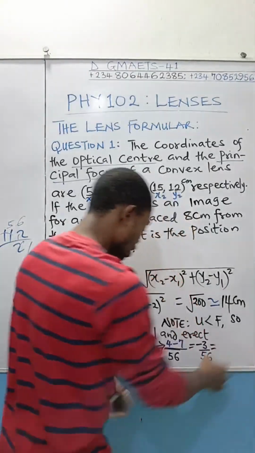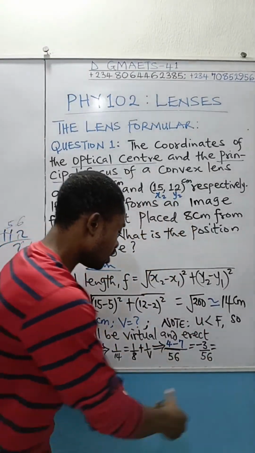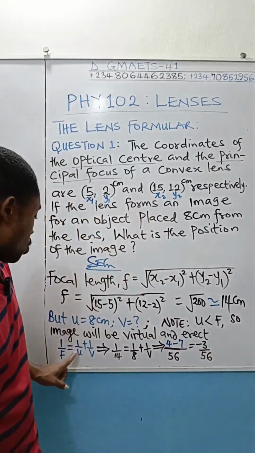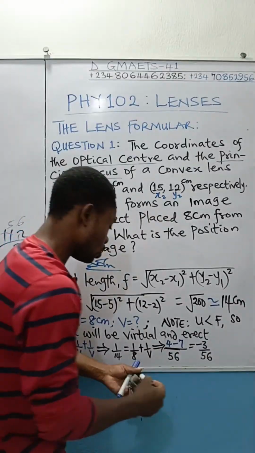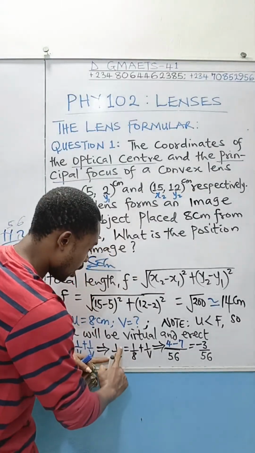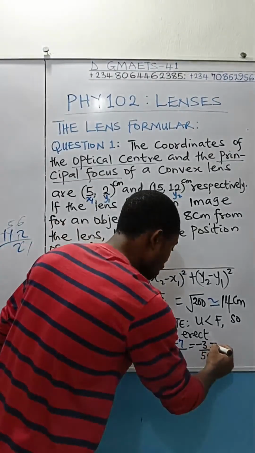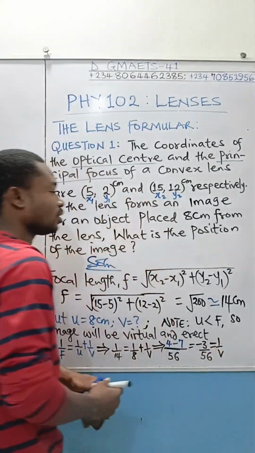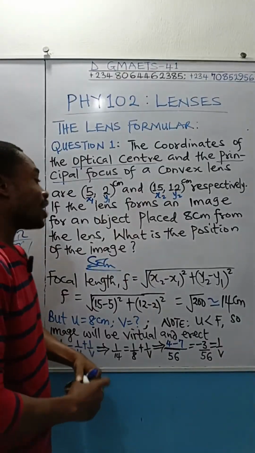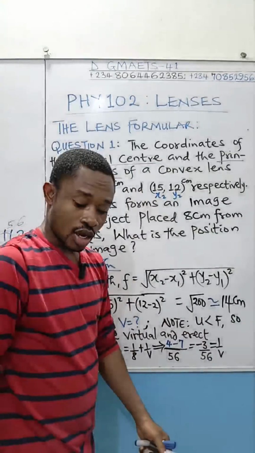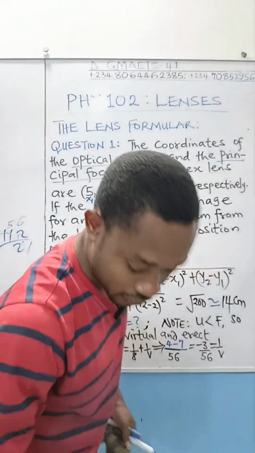Let me show you. Remember, what we are solving here is 1 over v. So 1 over 14 minus 1 over 8 is equal to 1 over v. I didn't indicate it. So this is 1 over v. I don't want to go to this side of the board. I want to finish everything here. I hope it has not cut off.